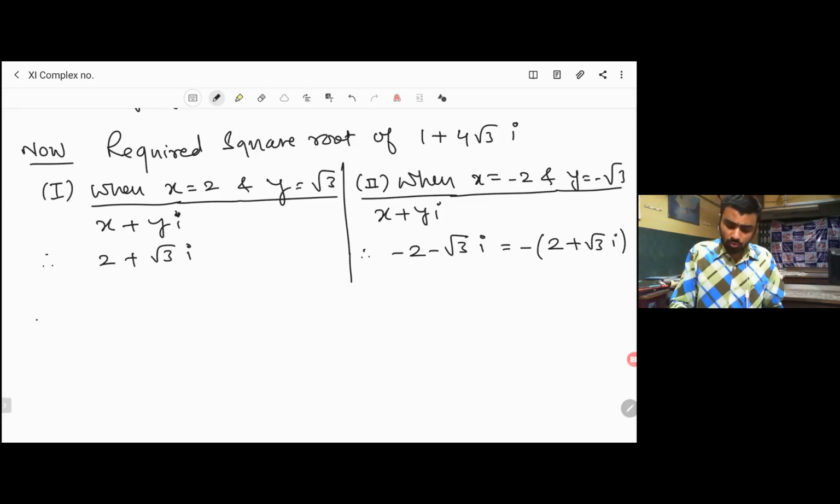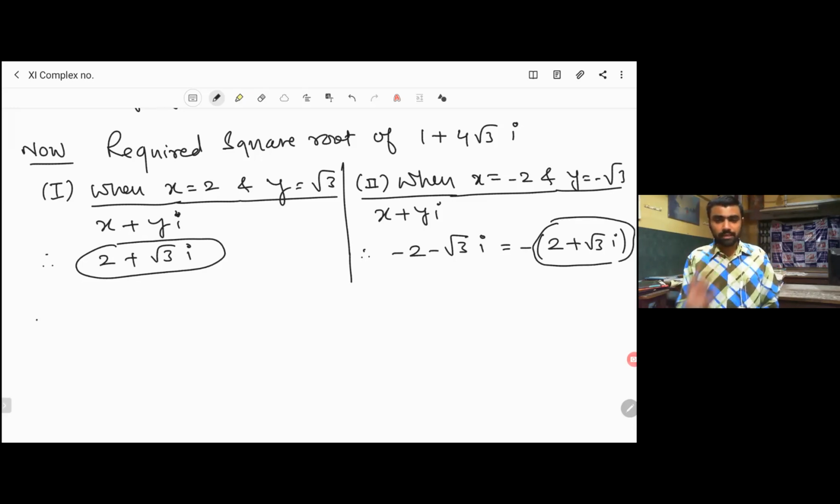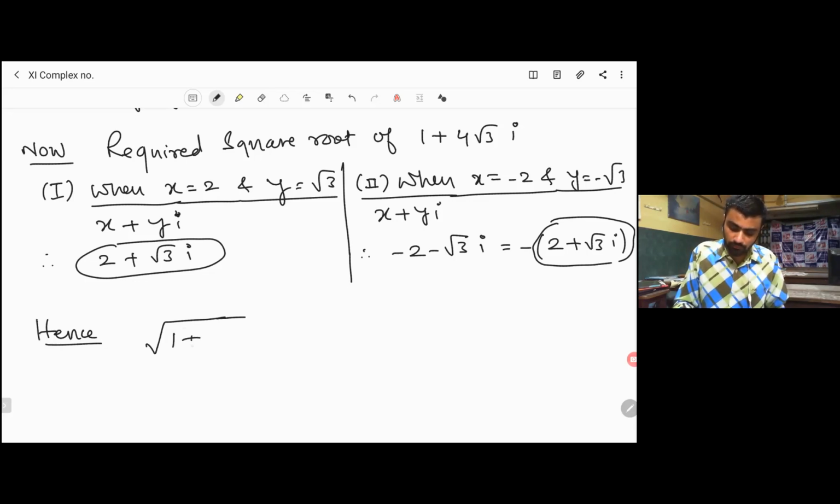नाउ हम दोनों को, ये है 2 प्लस रूट 3i, यहाँ है माइनस 2 प्लस रूट 3i. इसको दोनों को हम combine करेंगे. So क्या हो जाएगा? Hence square root of required square root of, जिसको हमने लिखा है 1 plus 4 root 3i is equals to plus and minus 2 plus root 3i.